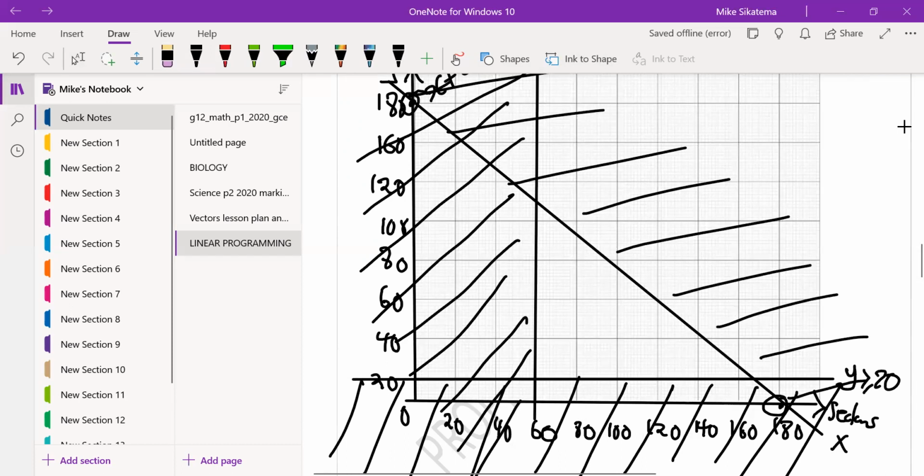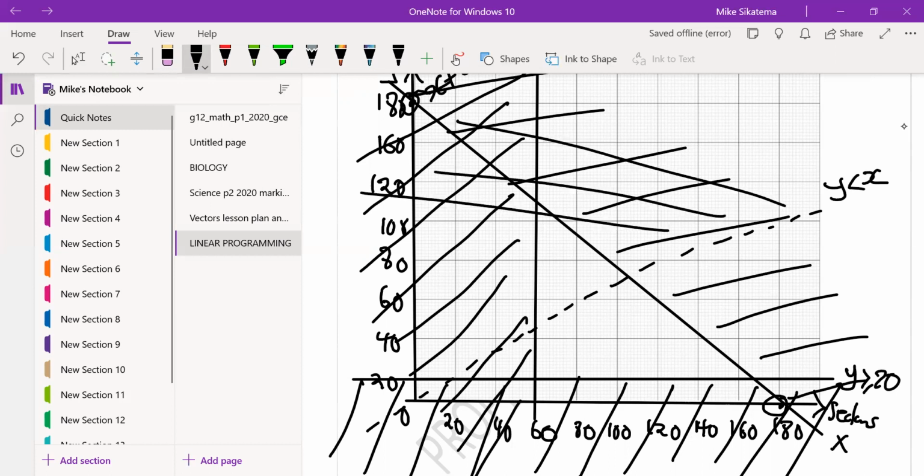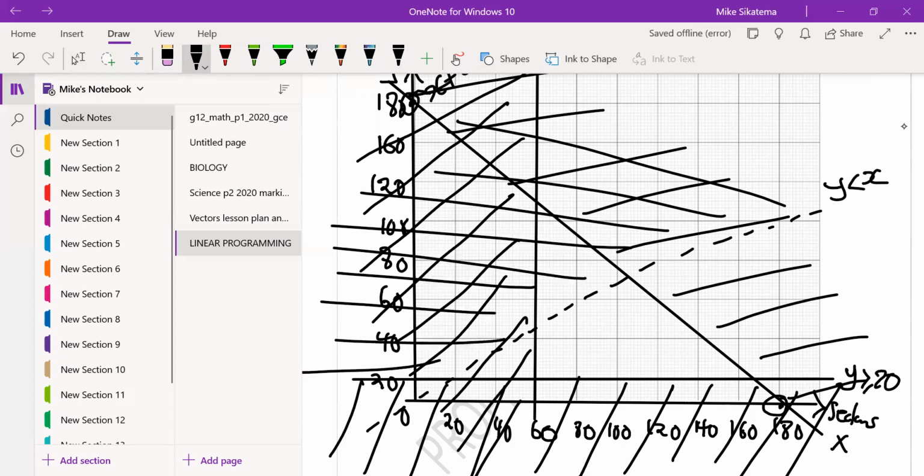Actually, if I want to draw this line, it has to be dotted because there is no equal to sign. So dotted line. This is y is less than x. When it's less than, shade above the line, like so.